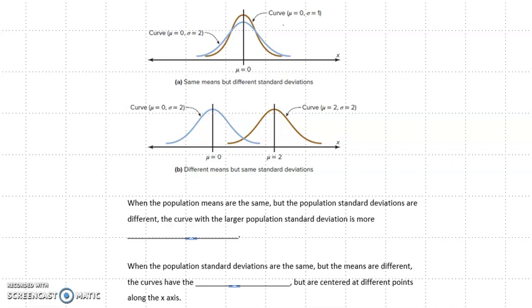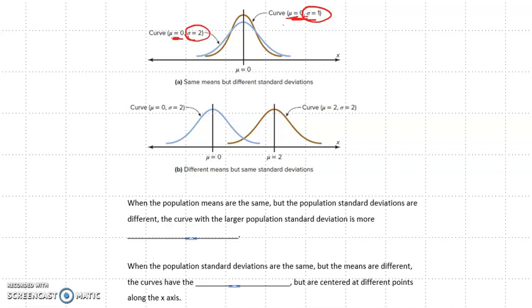The one thing that's the same is both of them have a mean of 0. What's different is the blue one has a standard deviation of 2, whereas the red one has a standard deviation of 1. So I'd like you to notice with the red one having a standard deviation of 1, it's not as spread out as the blue one is.